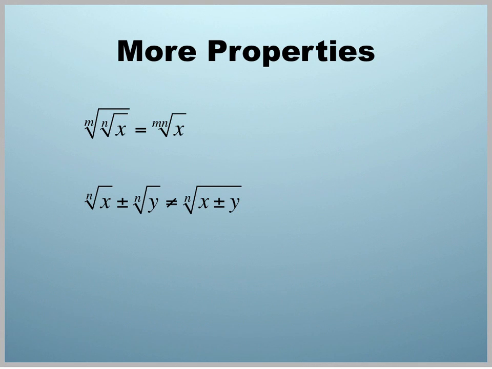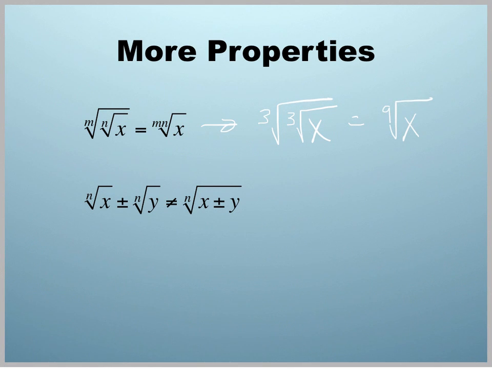So again, let's take a look at an example. Let's say I had the cube root of the cube root of x. So again, all I'm going to do is take these two numbers right here, multiply them together, so 3 times 3 is 9, so that would equal the 9th root of x.